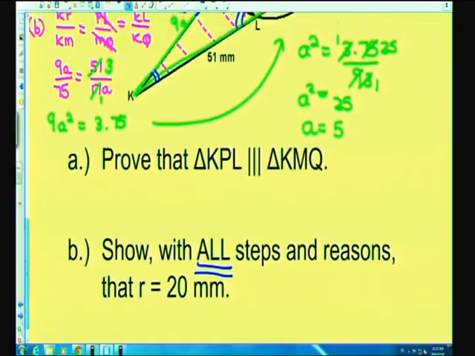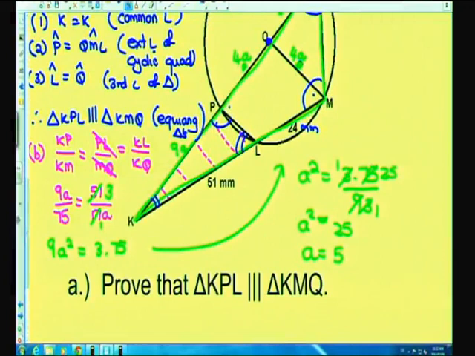Now, how does that help me with my story? Well, if I go back to this drawing over here now, and I erase that 9 and put in a 5 for a, then my 9a would be 45. And 4a: 4 times 5 is 20, and that's very good news.